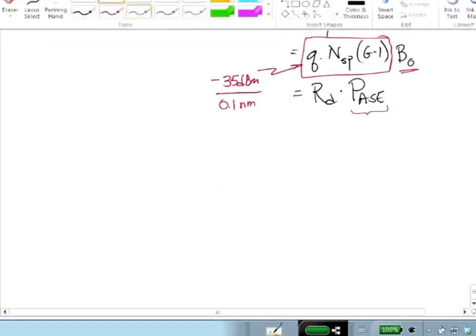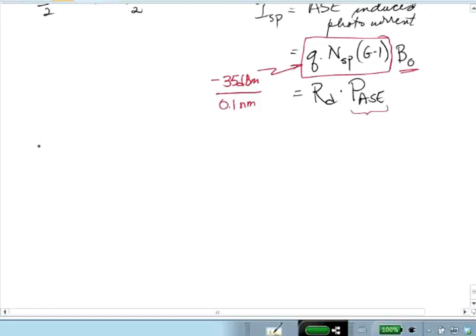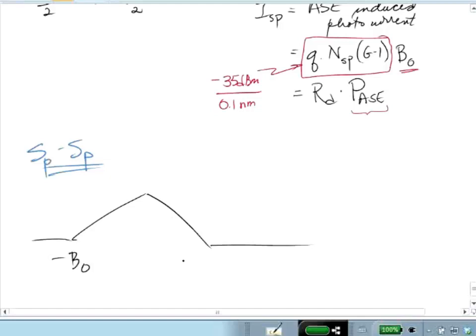So returning now to the other term, which would be the spontaneous-spontaneous beating term. This one has a power spectral density which is triangular, symmetric in shape, going from minus B0 to B0, so a total absolute width of 2B0.